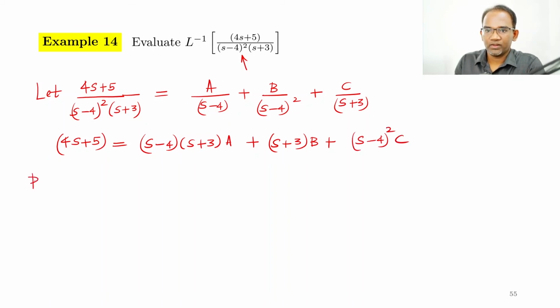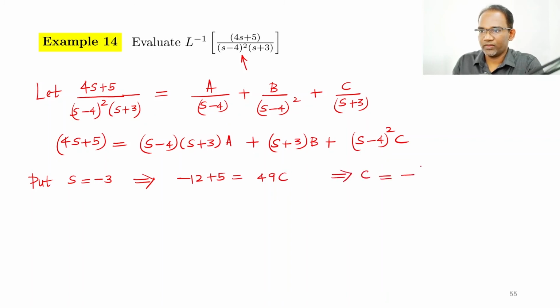Now we'll put s equal to minus 3. So this will give us minus 12 plus 5 equal to 49c and c equal to negative of 1 over 7. When we put s equal to 4, we'll get 21 equal to 7b or b equal to 3.